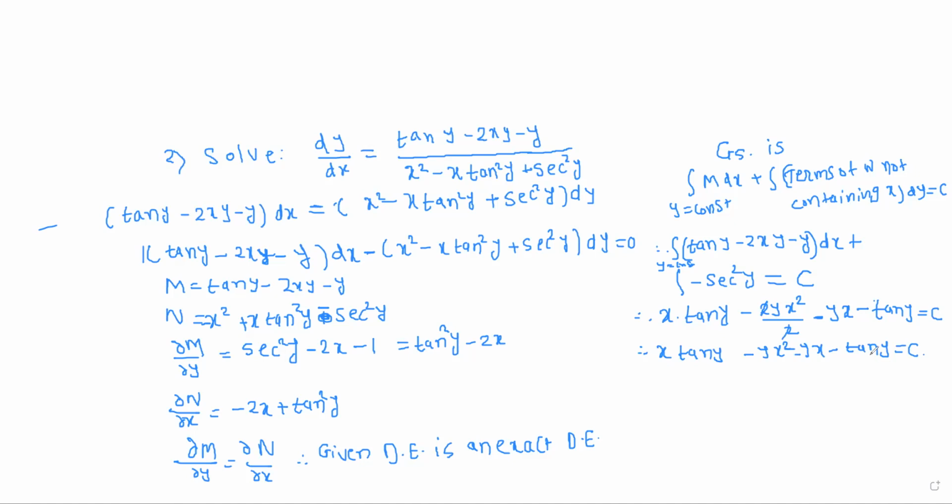Now I am giving a few examples for practice. You can note down these examples, try them by yourself, check whether you are getting them exact or not. Then if they are exact, find the solution.